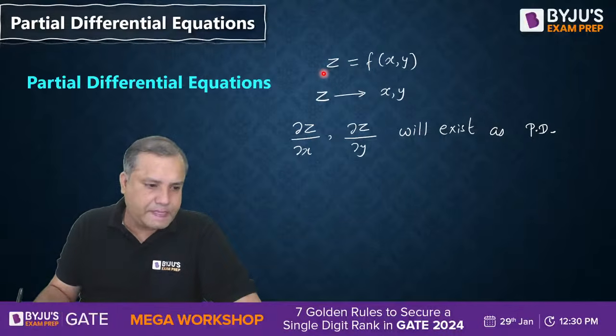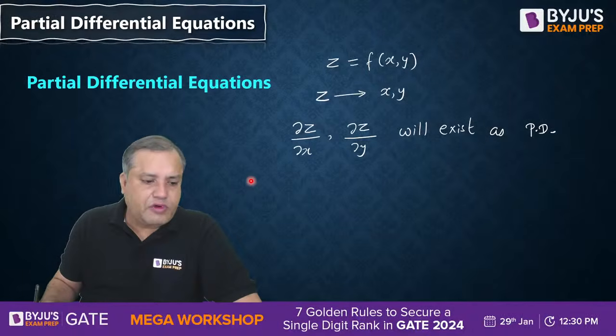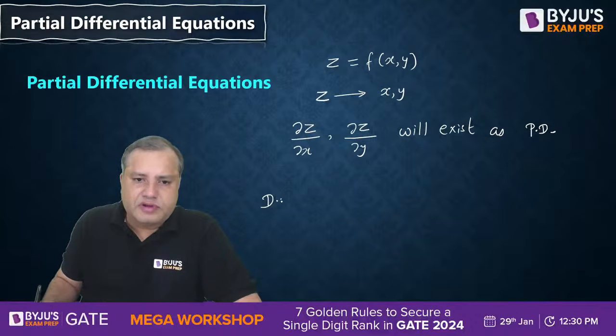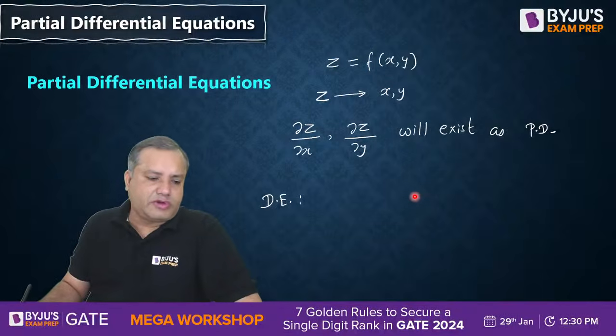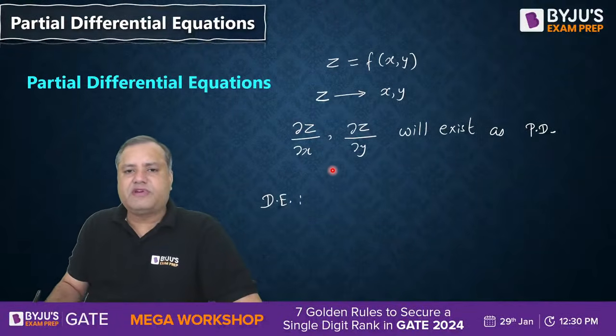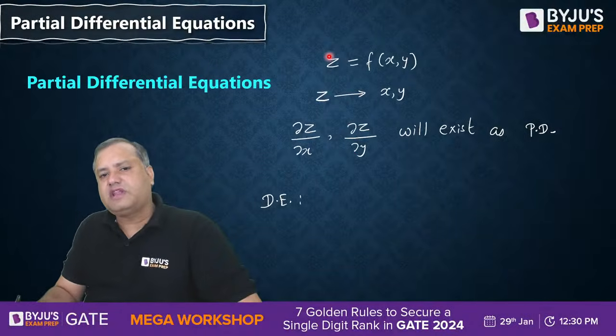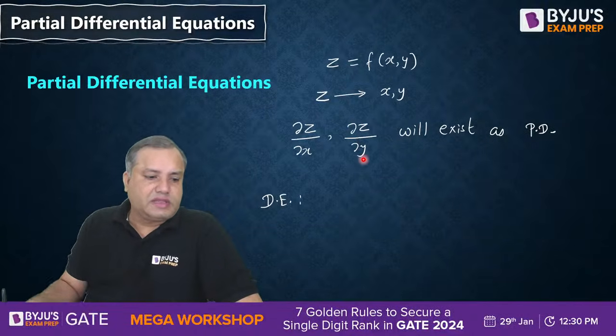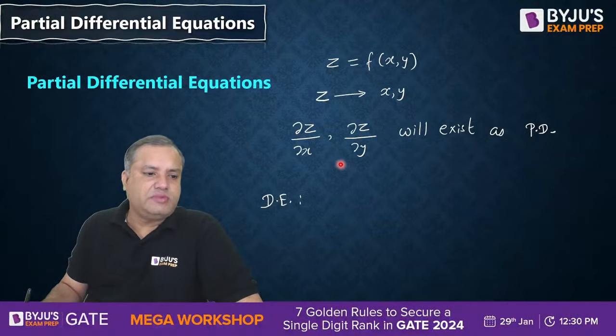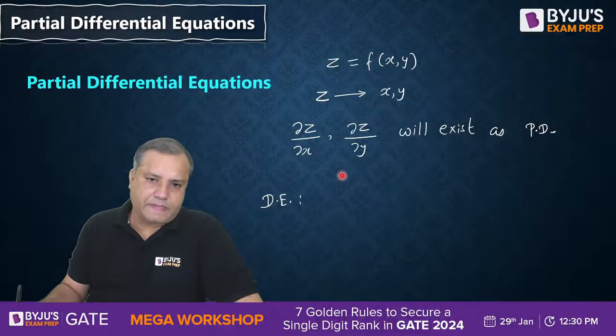Now, what is a differential equation? A differential equation involves the dependent variable, the independent variable, and the derivative terms. So if the dependent variable involved is a function of more than one independent variable, then partial derivatives will be seen in the differential equation.